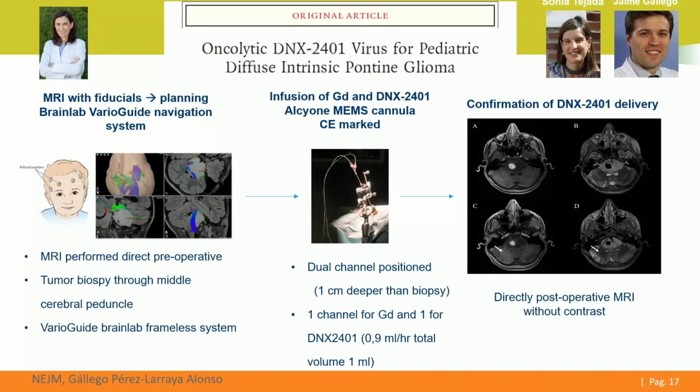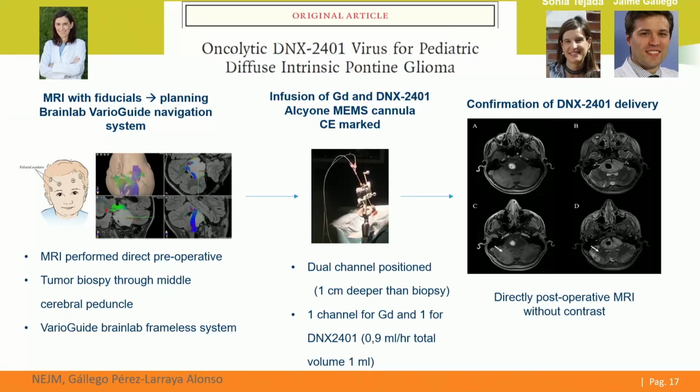there has been a trial for diffuse midline gliomas where they did a biopsy, and then after the biopsy, in the biopsy channel, put a catheter with two channels, one for the gadolinium and one for the virus.